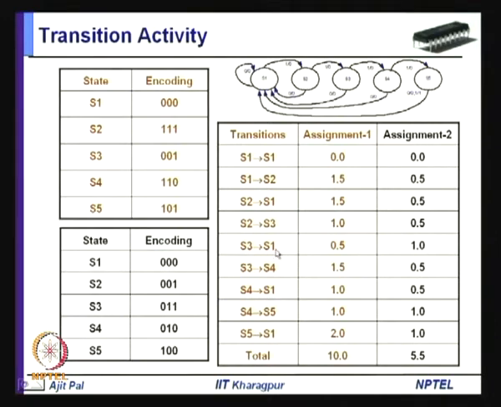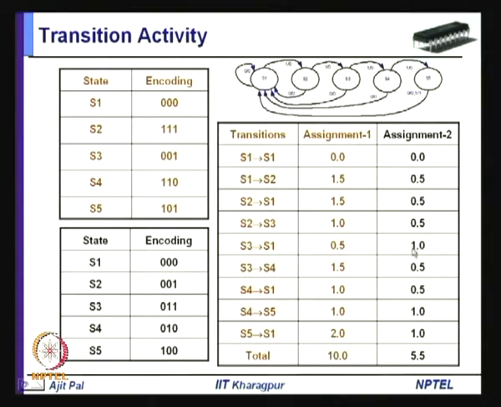And S3 to S1, in this case the number of transitions is 2, and in this case number of transitions is also 2. So, S3 to S1, the number of transitions is 1. So, it is 0.5, but here it is 2, S3 to S1.